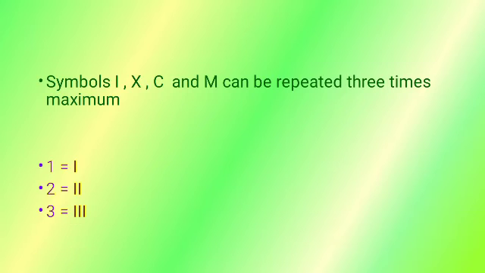No, that is wrong. Because what is our rule? I, X, C and M can be repeated only 3 times. So for writing 4, we have to use a different symbol.